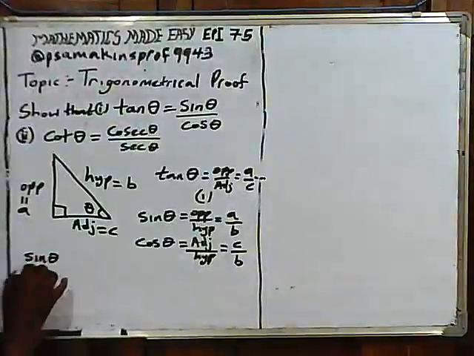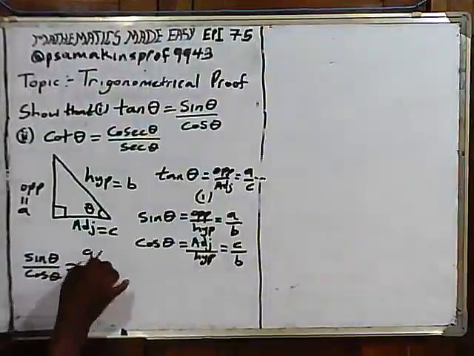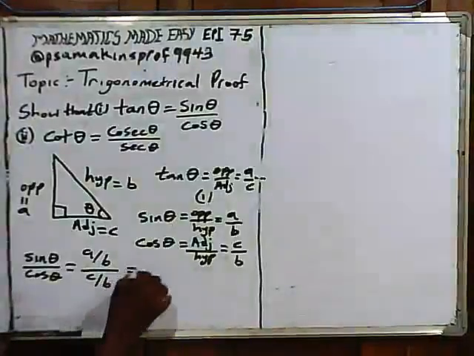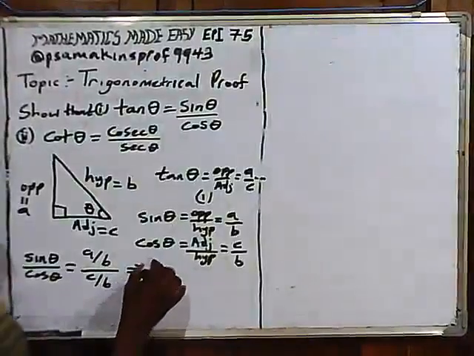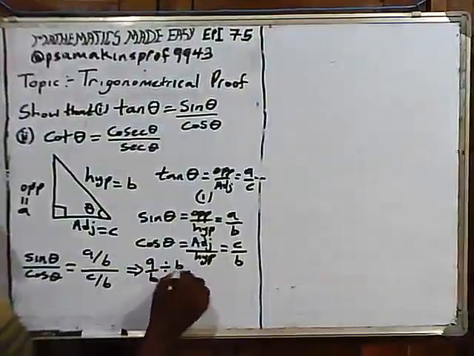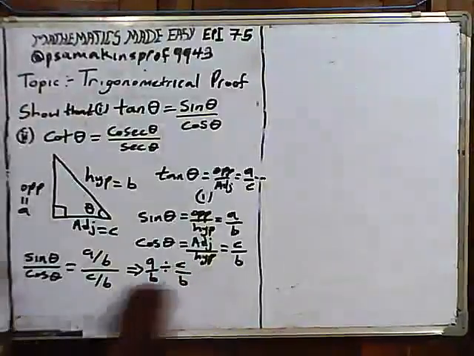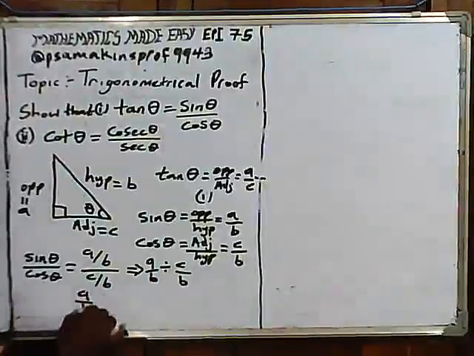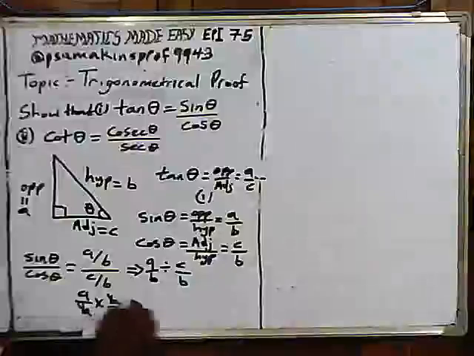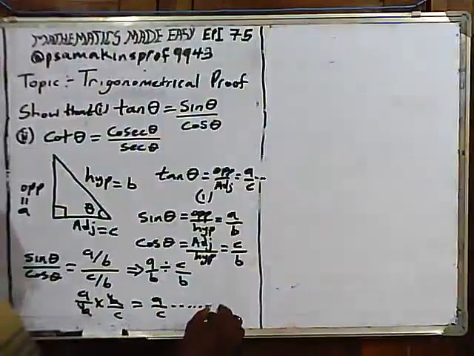Sin theta over cos theta will now be equal to A over B, all over C over B. If we rewrite it like that, we have A over B divided by C over B. So if we change it, we have A over B times B over C. We cancel B, then we now have A over C. Let's keep it in memory location 2.